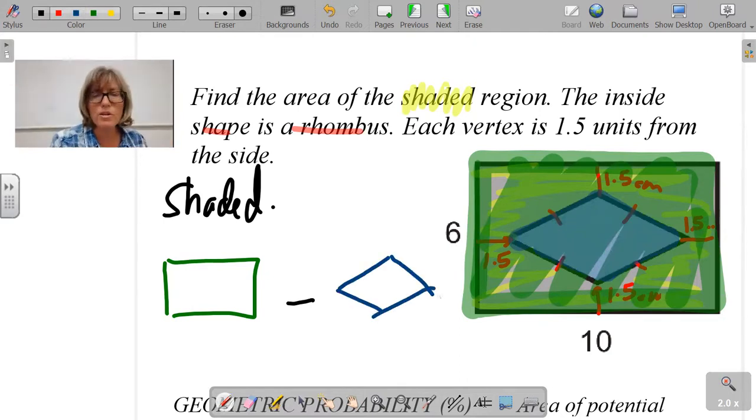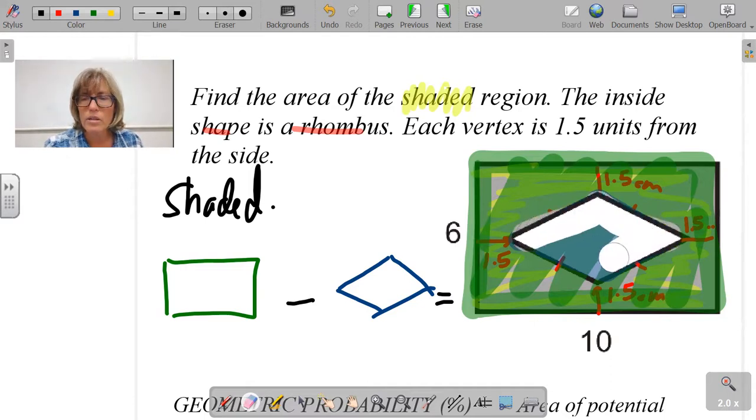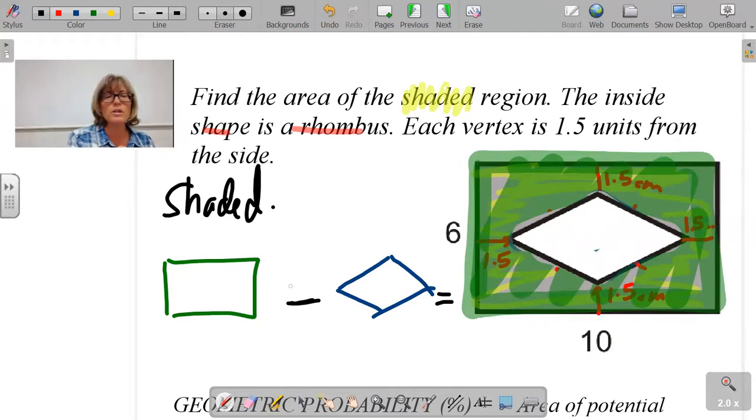And then to get the shaded region, we're going to use what's called negative space, which means we're going to subtract the rhombus from the rectangle. And that would give us our shaded region, as you can see.